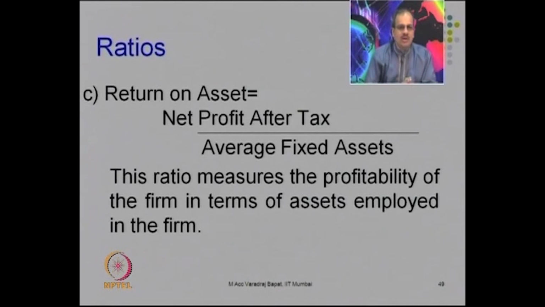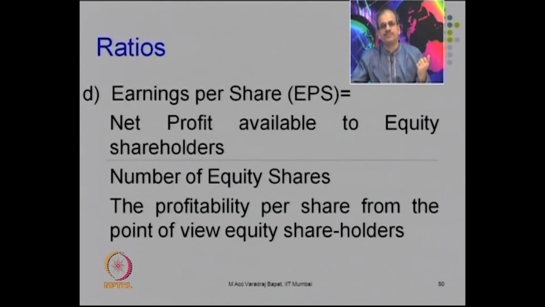There is one more return ratio, known as return on assets, where we are trying to find the profit generated by the use of fixed assets. So, it is NPAT upon average fixed assets. One more ratio could be earnings per share.